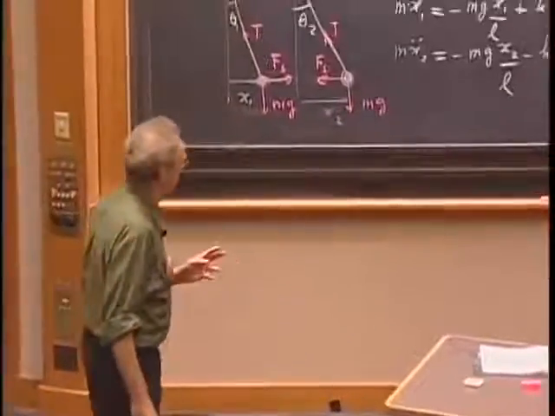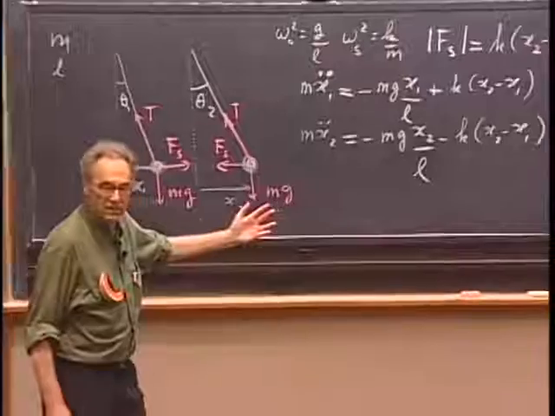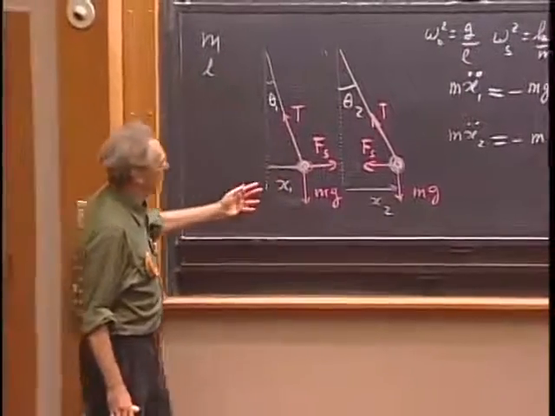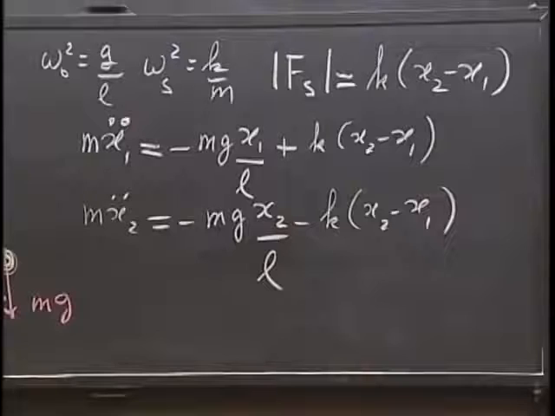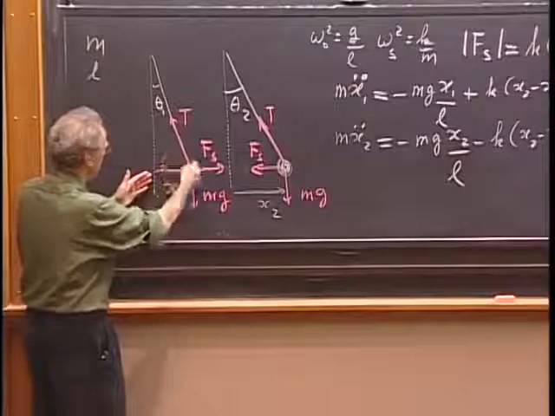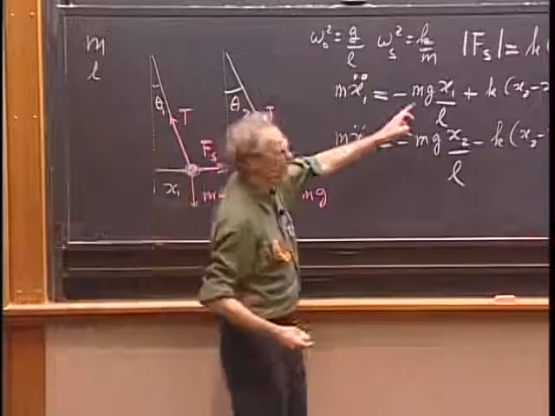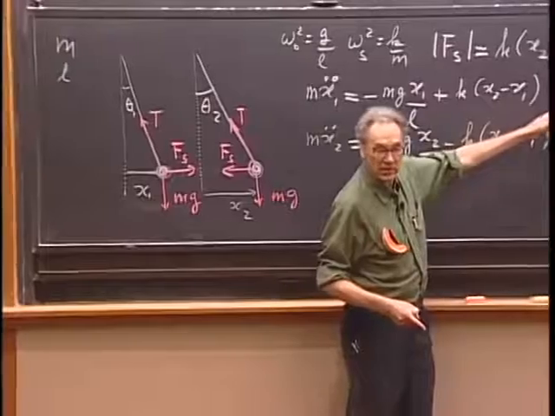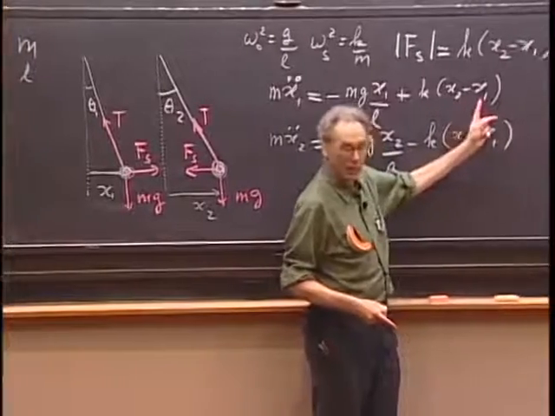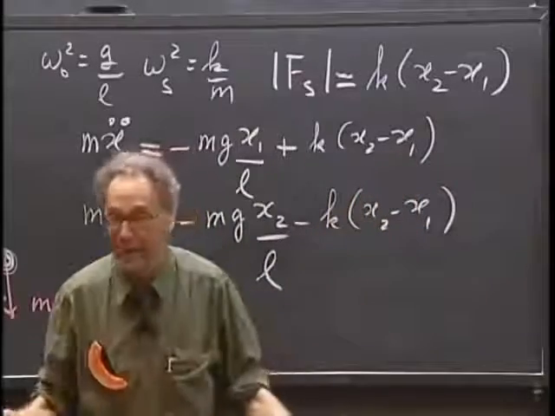So therefore, look at this again. Take a pause. This one, if I give this a positive offset, is indeed in the negative direction, the component of T sine theta. This one, if x2 is larger than x1, is indeed in that direction. And you notice if x2 becomes smaller than x1, then this becomes automatically negative.